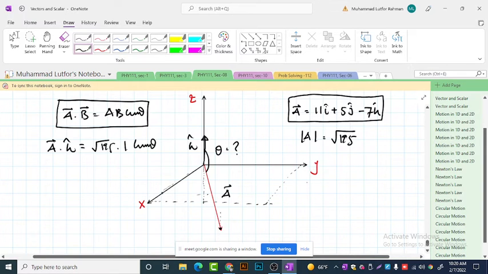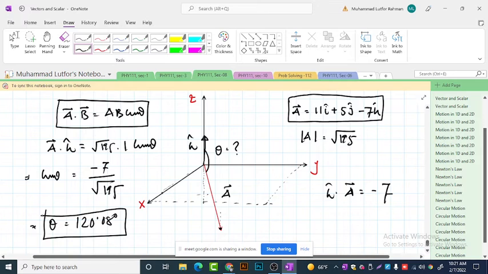Minus 7. Minus 7, because i dot k is 0, j dot k is 0, k dot k would be 1. So I find minus 7. Then cos theta would be minus 7 divided by root over 195. And if you do that, you will find theta would be 120.08 degrees. That should be the angle, which is greater than 90 degrees.